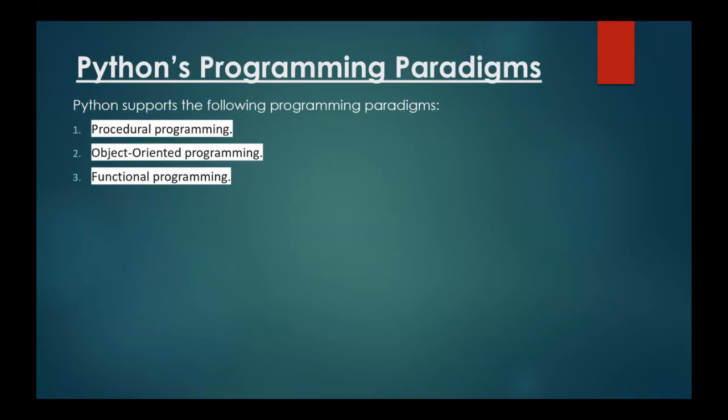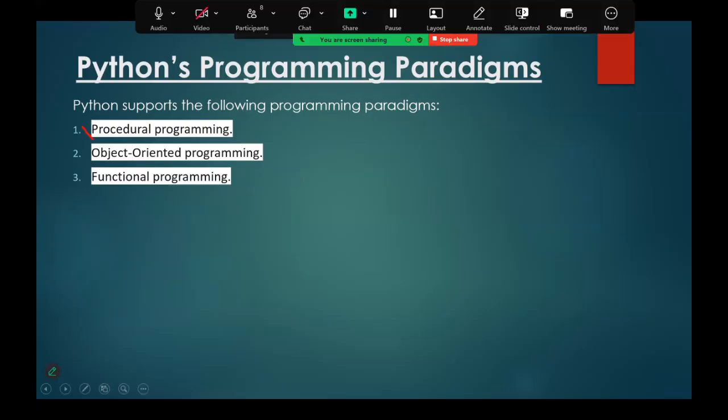Talking about Python's programming paradigms, Python supports procedural programming, object-oriented programming, and functional programming. So that's why in Python you can create classes, and you can also create the code without classes. But if you notice in Java, you cannot write code outside classes, right?